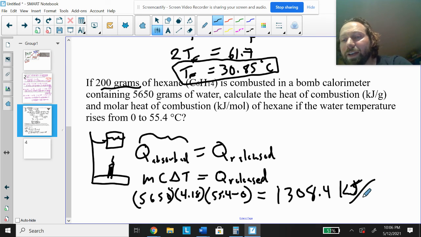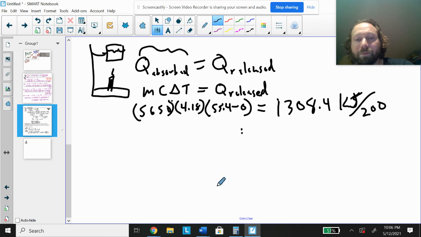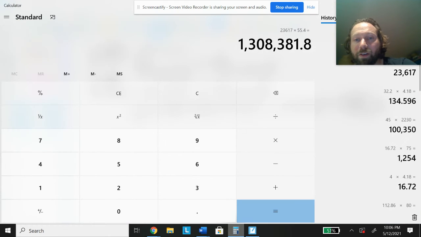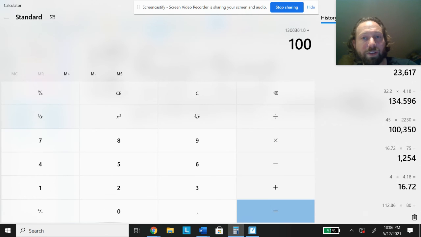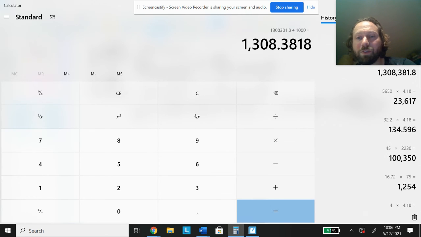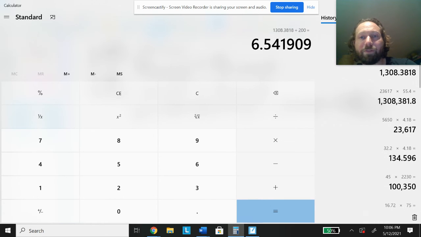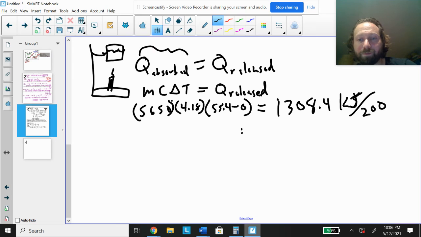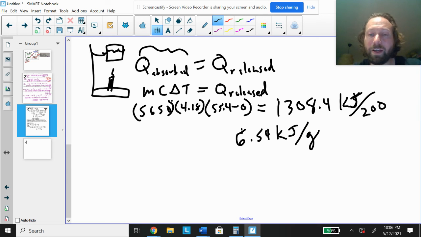So we divide by 1,000, which is what we did for getting kilojoules, and divide by 200, and we get 6.54 kilojoules per gram. That is the heat of combustion.